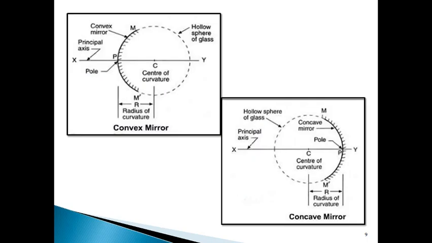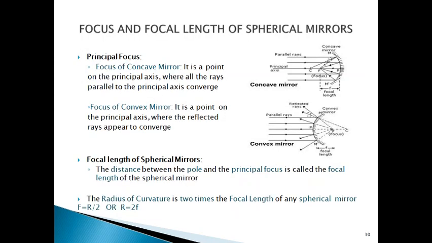Now let's study another term, that is principal focus. This is a very important term. For studying principal focus, let us imagine that parallel beams of light are falling on the concave mirror.